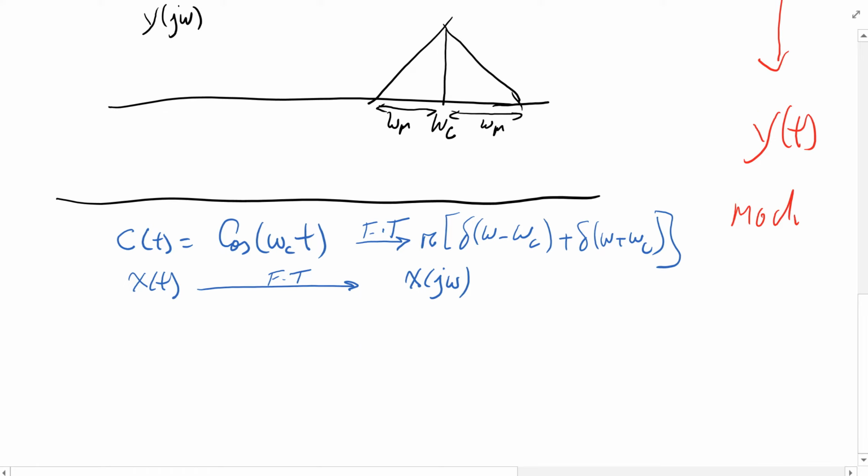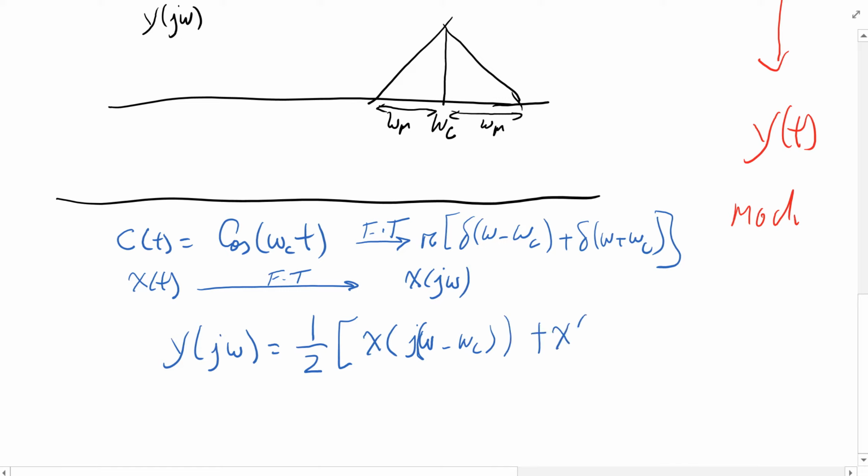If you do the multiplication, which would be a convolution on the other side, what you'll end up with is Y(jω) equal to 1/2 of X(j(ω − ω_c)) plus X(j(ω + ω_c)).